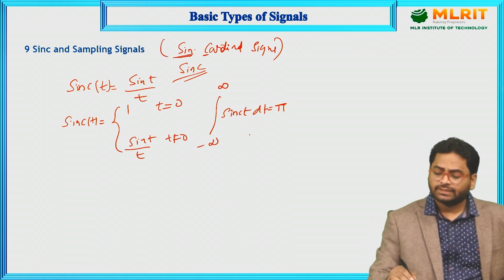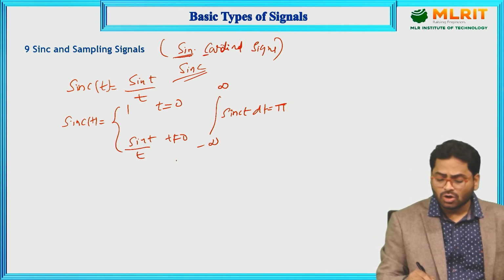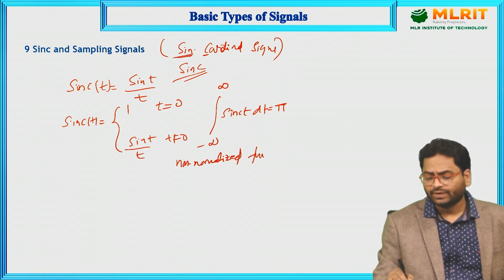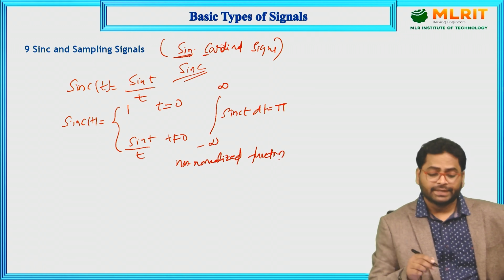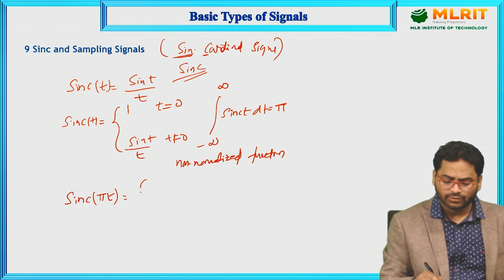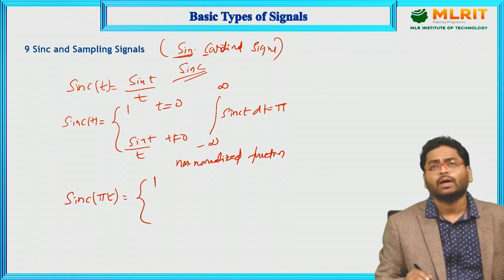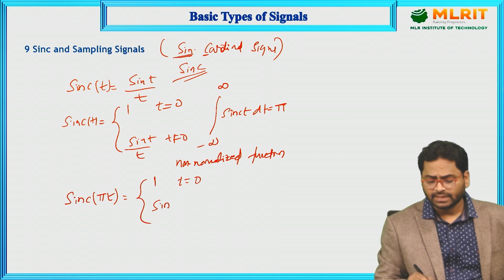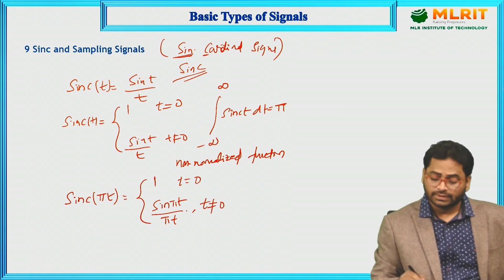So, here this is a non-normalized function. If it is normalized, you can represent it as sinc pi t. It is a normalized one. Sinc pi t has amplitude 1 for t equals 0, then sine pi t by pi t for t not equals 0.